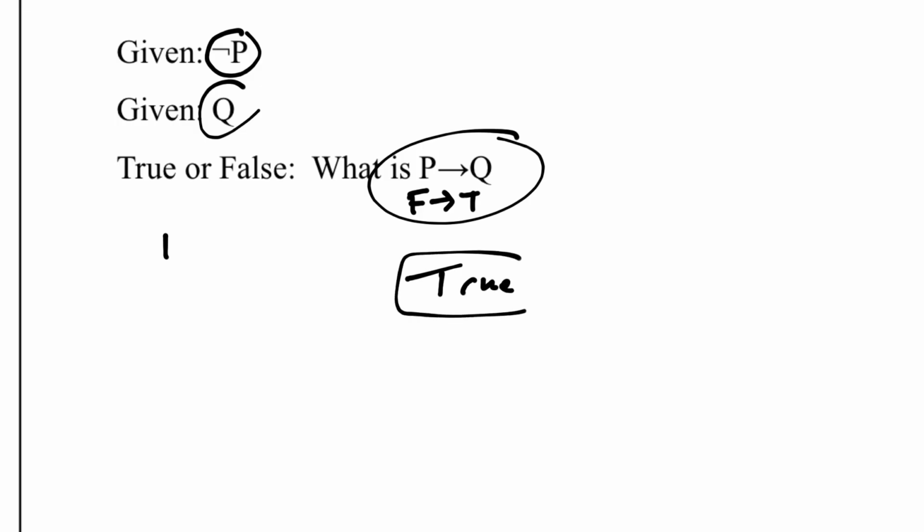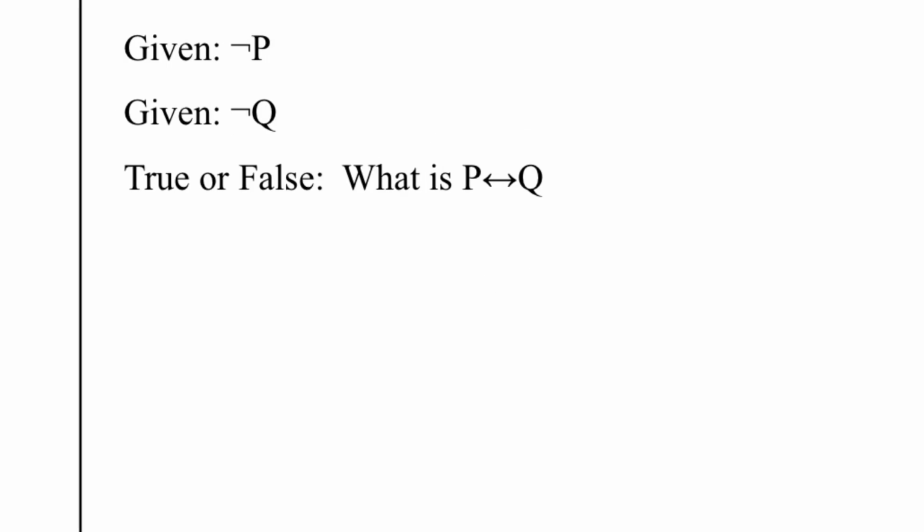The only time the conditional would be false is if the thing on the left was true, but the thing on the right was false. We can also see in this situation, given not P and not Q, not P is true, so P is false. And not Q is true, so Q is false. And according to the truth table, false if and only if false is true because the two things match.